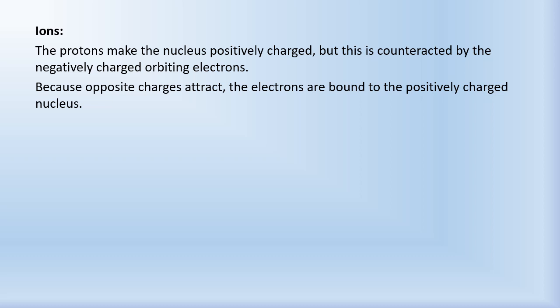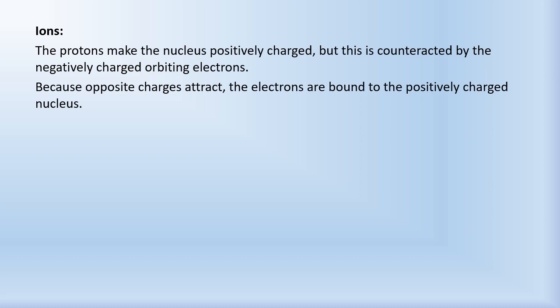Because opposite charges attract, the electrons are bound to the positively charged nucleus. Remember what happens with magnets. If you try and put two magnets together using the ends of the same charge, they repel. So if you put a positive pole to a positive pole, they'll push apart.